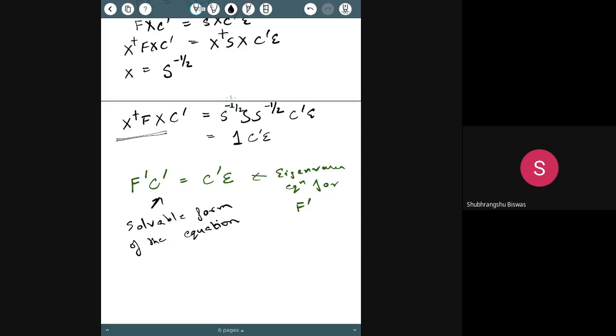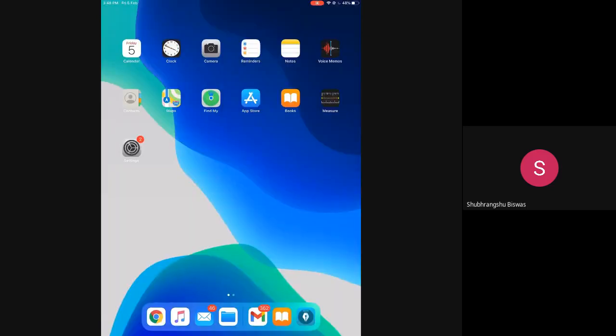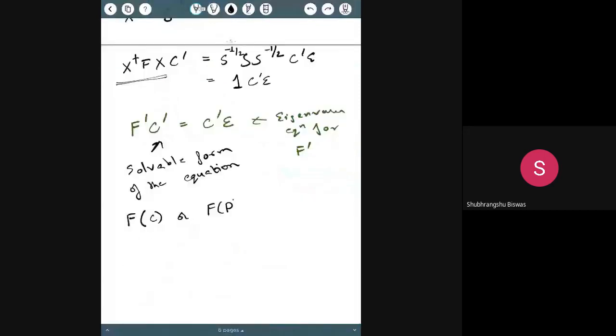Okay. Now the other important thing to note here is that F, or equivalently F prime, depends on C, or you can say it depends on the density matrix as we defined it.